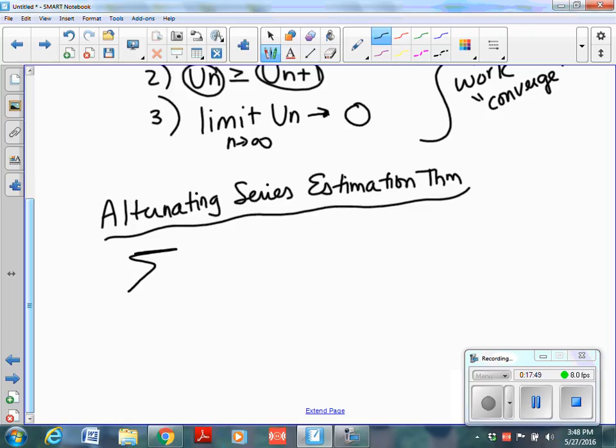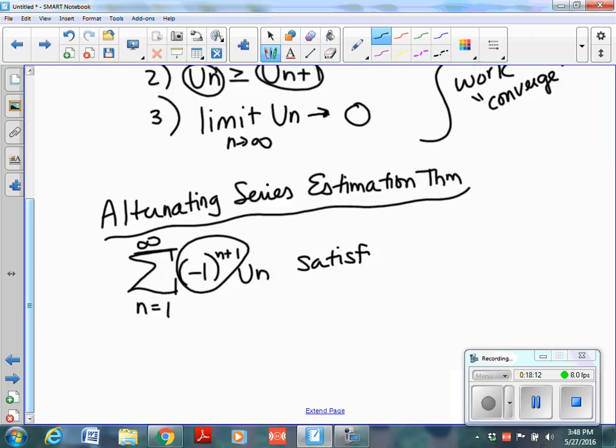So, if you have a series n equals 1 to infinity of (-1)^(n+1) u_n, this little part will change it from positive to negative and negative to positive. It just says that it satisfies the AST, which is up above, the alternating series test.